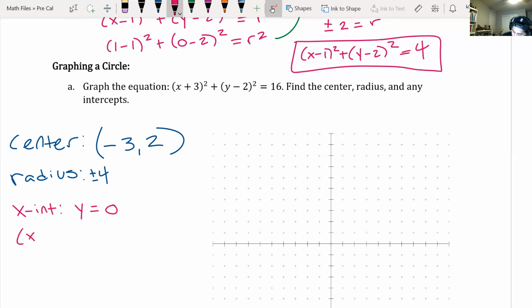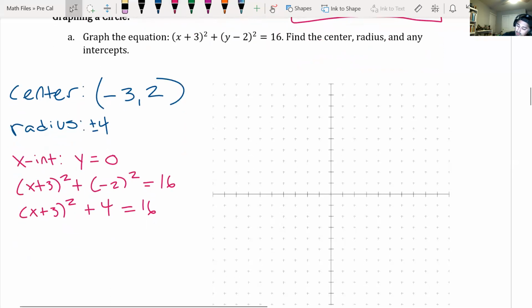So we'll get x plus 3 squared plus, if we're plugging 0 in, negative 2 squared equal to 16. And then square that, x plus 3 squared plus 4 equal to 16. Move that 4 over, and you'll get x plus 3 squared equal to 12. And then what do we do to both sides? Square root.